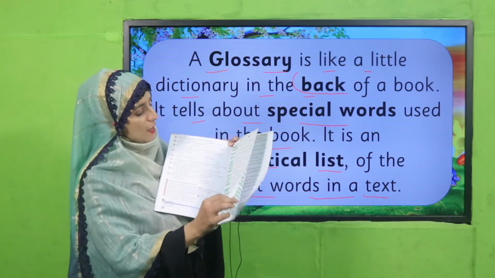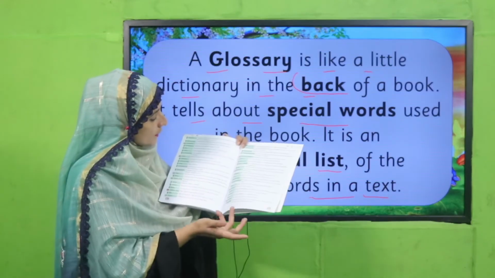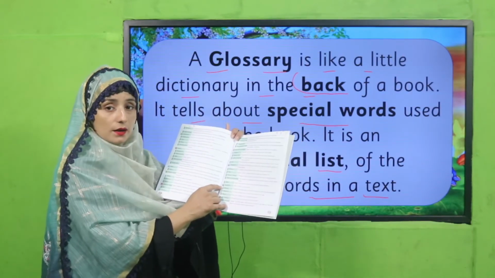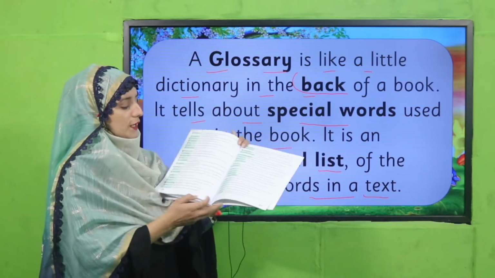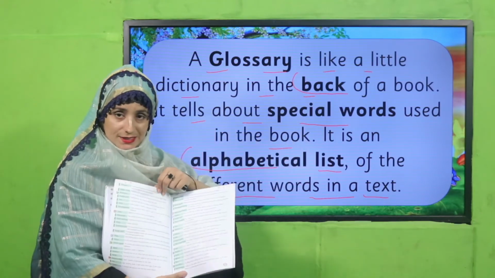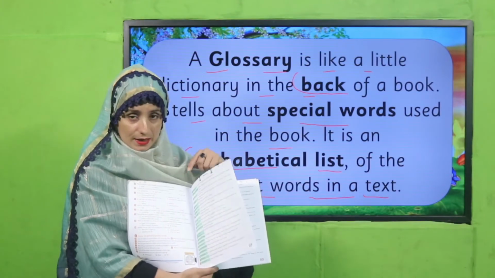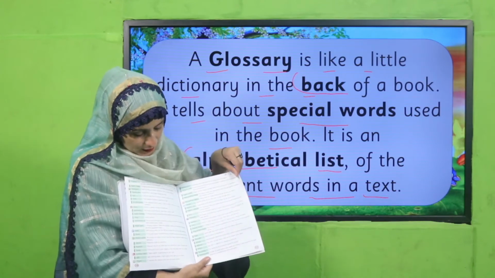Good. Suppose you have to locate a word; they are also in alphabetical order. So suppose under R there is the word reflection. Okay, we are going to find the word reflection from the glossary list. See there. So where is R? First search. Good. Hurry up, perform that.